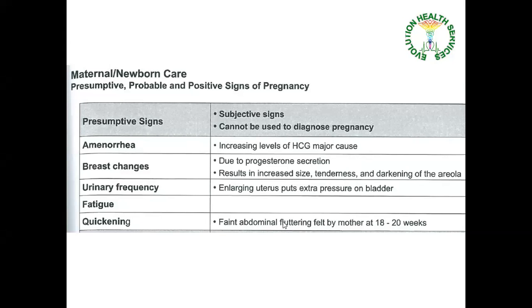First of all, the mother feels abdominal fluttering, felt by 18 to 20 weeks. Definitely, uterine enlargement is also a presumptive sign.